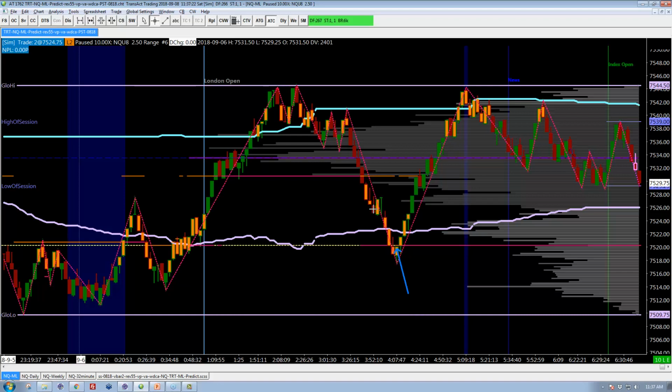So I'm looking at the patterns of price action at the low volume nodes, and deciding how to capture that such that we get the power of the machine learning system applied better at these locations.